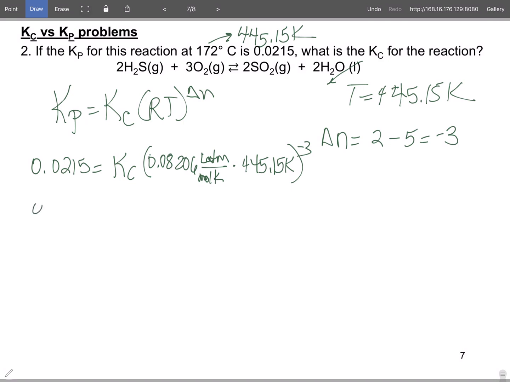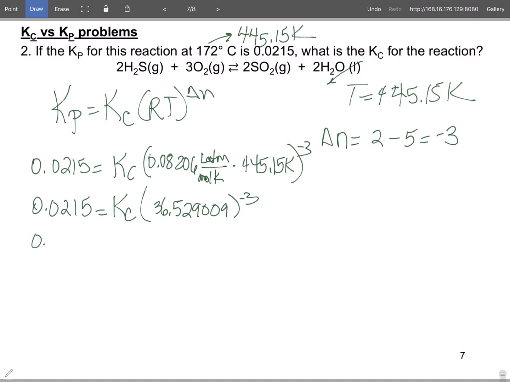So we end up with 0.0215 is equal to Kc times 36.529009. Again, I'd let the calculator carry that.